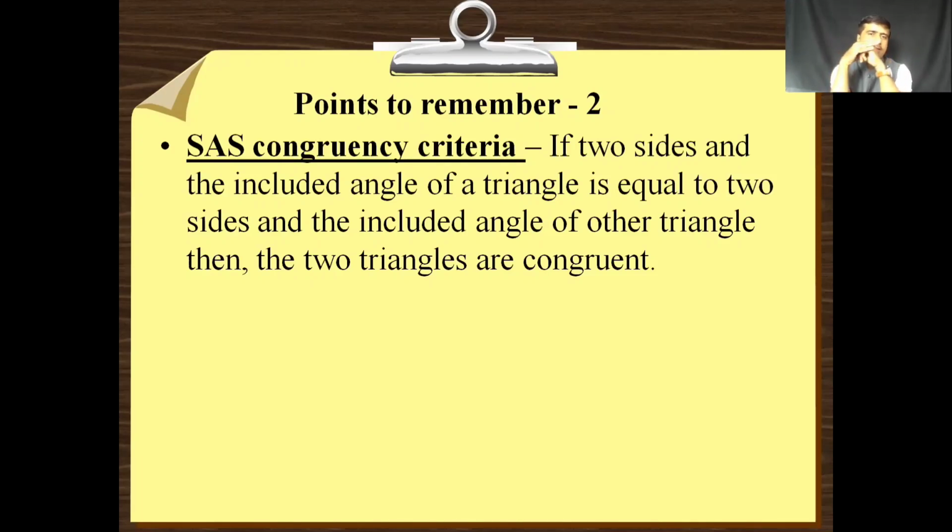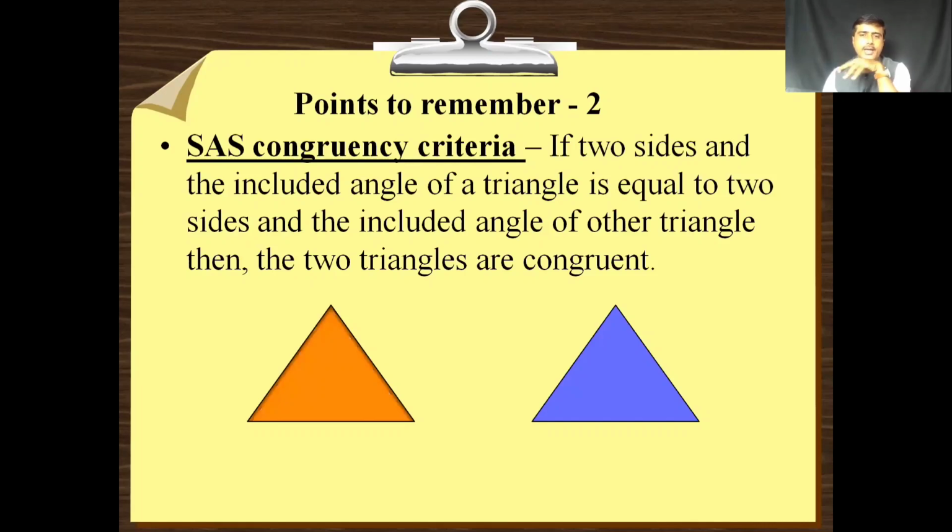That is what the SAS criteria is. And the meaning of this is, if I consider two triangles, congruent means if you superimpose one triangle over the other, they have to exactly coincide. That is what congruency is.